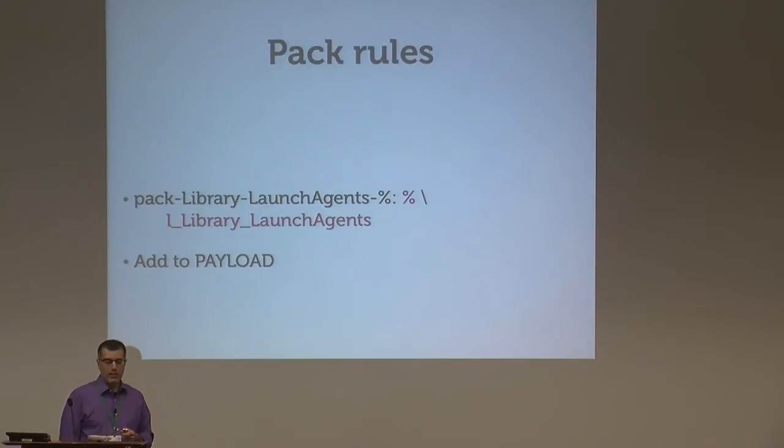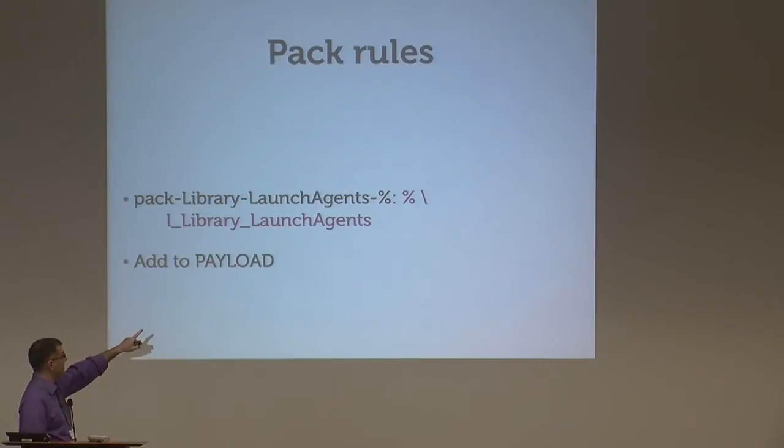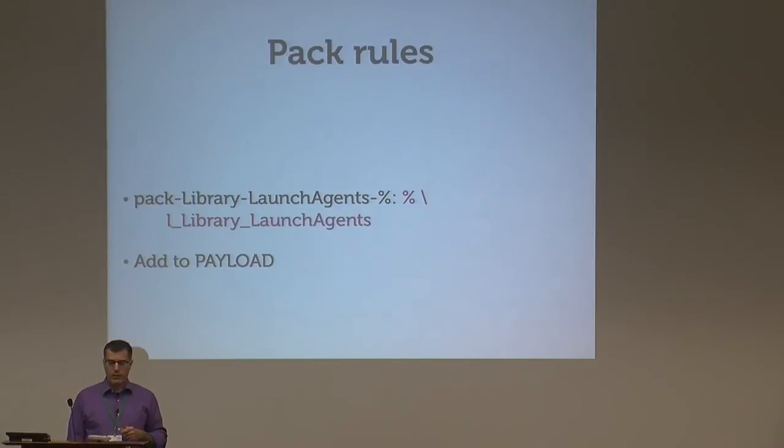To install a single file into a location, we use a pack rule. These are like the unbz2 applications rule that we saw earlier with fetch, but app bundles in that case are a special case. There is a pack type rule like this for files that go into most common install locations. The % in the target after the dash and to the left of the colon represents the name of a file in the same folder as your makefile.